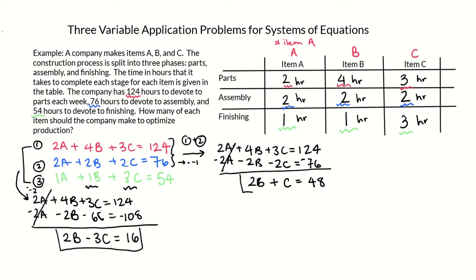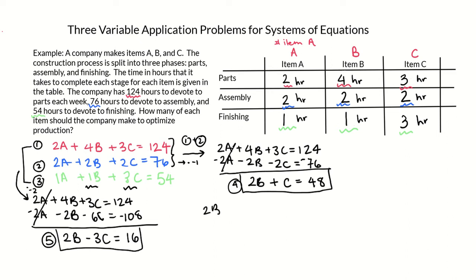And now we have these two variable equations in just B and C. So now we want to eliminate either B or C. Since we have 2B and 2B, it would be easier to eliminate B. So let's keep this equation, we'll call it equation 4 and equation 5. Let's keep equation 4 the same.